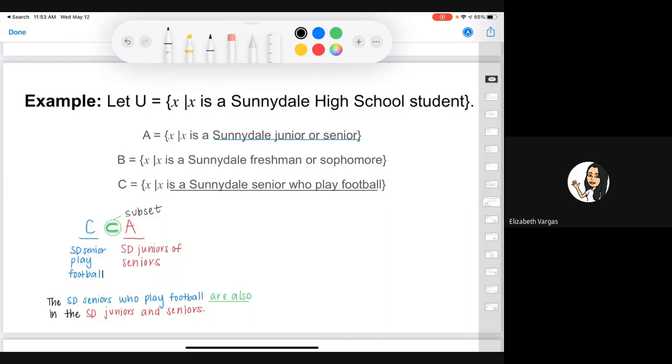However, if we saw a symbol that looked like this, we have the symbol there for complement. This is a complement. Remember that the complement includes everything not included in that set? So again, A represents my Sunnydale juniors and seniors.